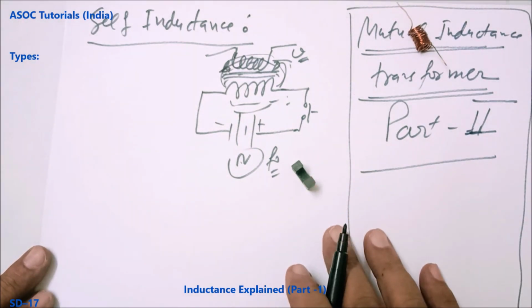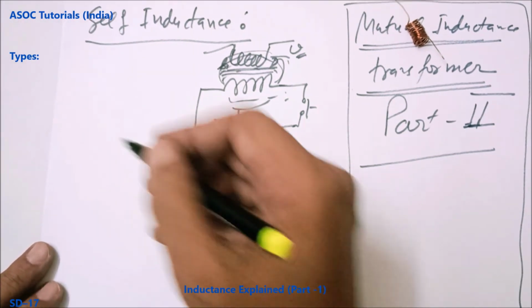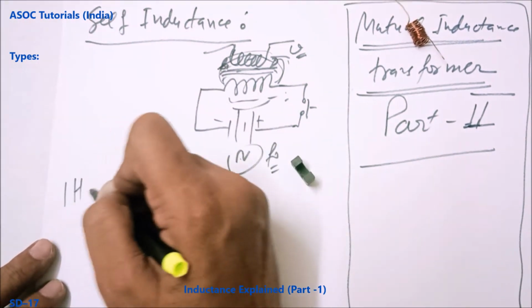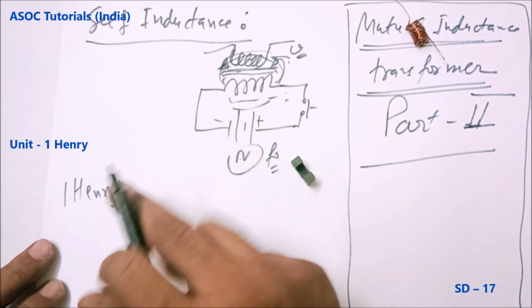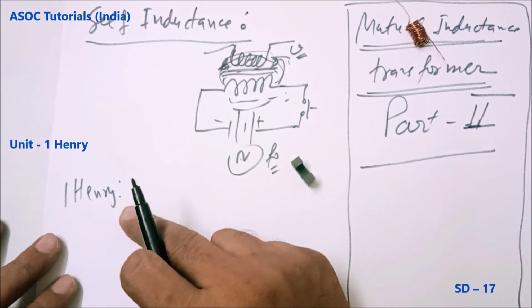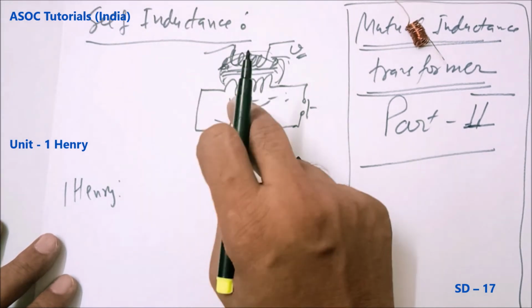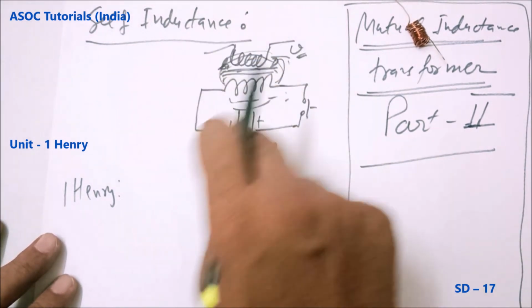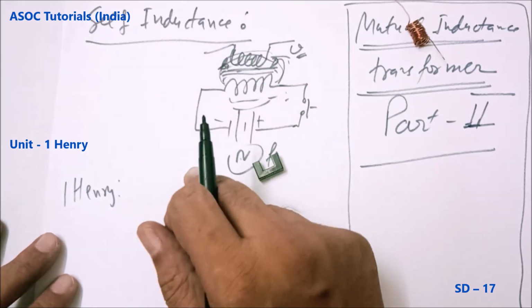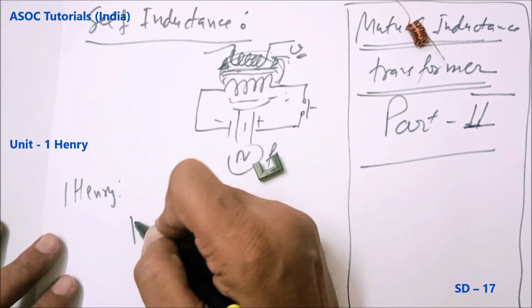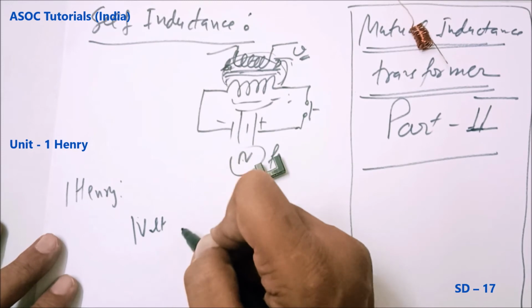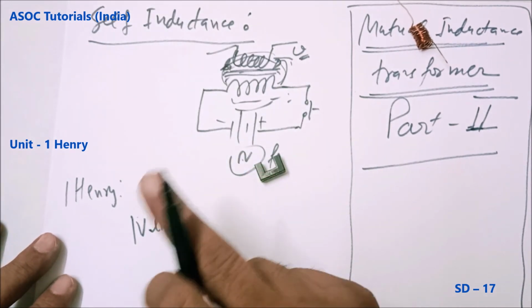When you are looking at so many properties, it is also very important to understand what is 1 Henry. This is a unit, 1 Henry. 1 Henry is the value of self-inductance in a closed circuit or coil in which 1 volt is produced.